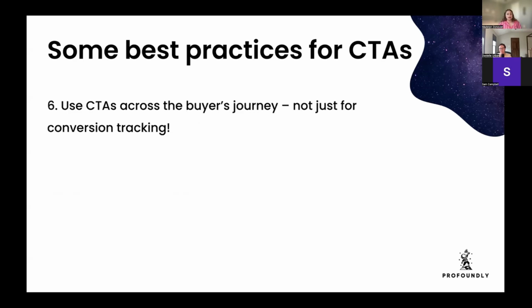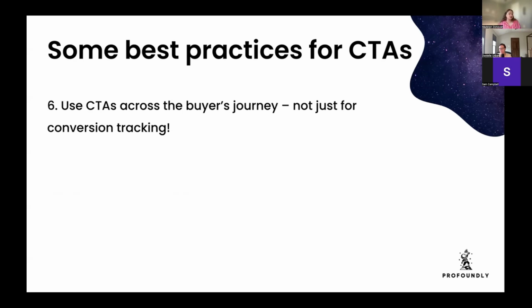Number six, use CTAs across the buyer's journey, not just for conversion tracking. This is one of my favorites. An example of this would be, don't just have a button that says buy now. Sure, you can have your button that says buy now or whatever better version of that there is.